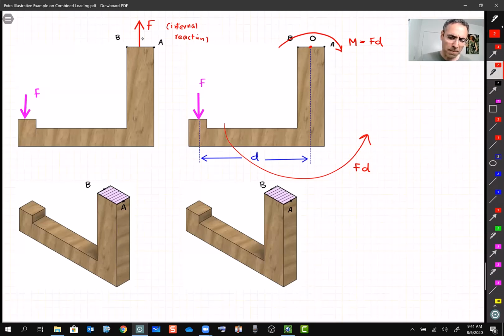So for the first one, this load F creates a stress on this cross section. Let's draw the stress on that one. We know the stress is a distributed load, and it's going to be everywhere the same.